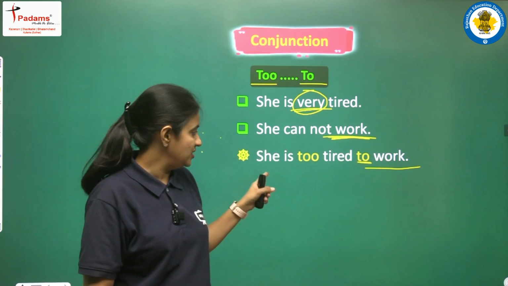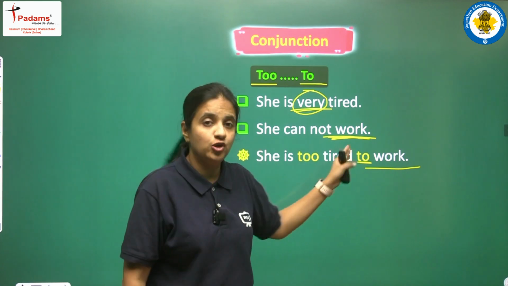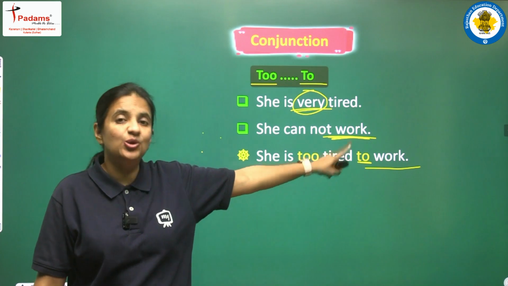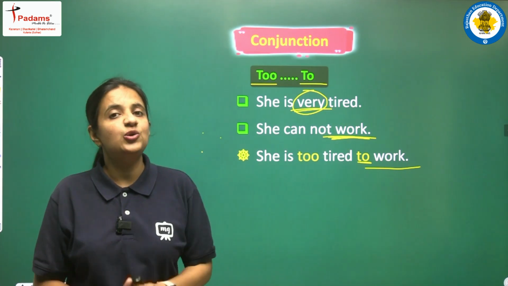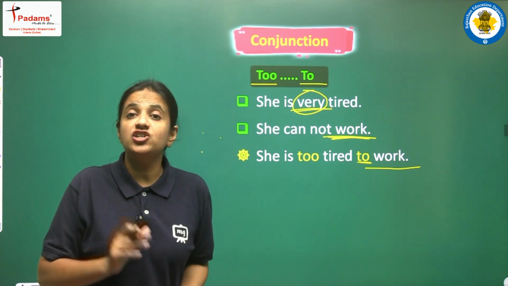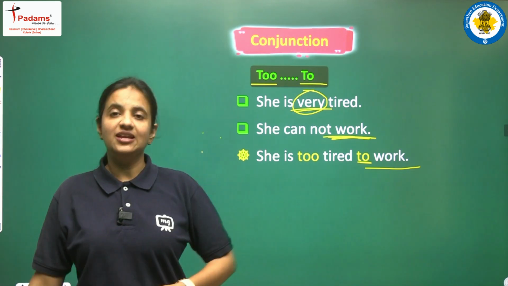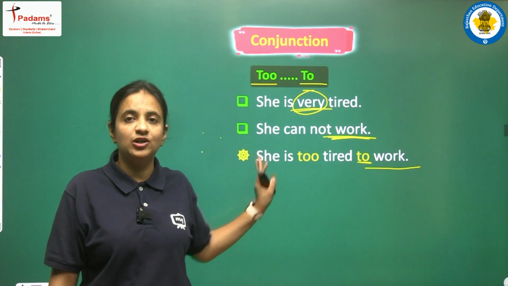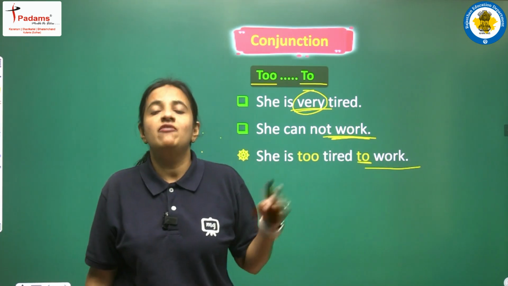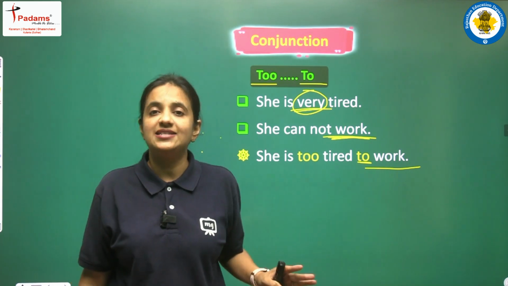So now the sentence will be she is too tired to work. So you have to learn this thing that if we are using to, then after to we don't need to write the complete sentence, but after to we just write the action verb, or we can say we just write the main verb of the sentence that is given to us. So this is the sentence structure that we have to follow when we are using to as a conjunction in a sentence.